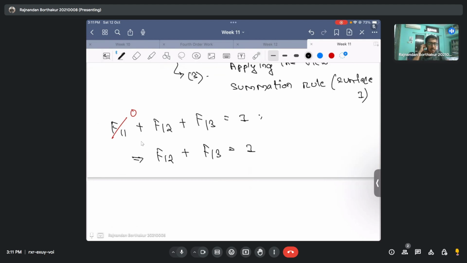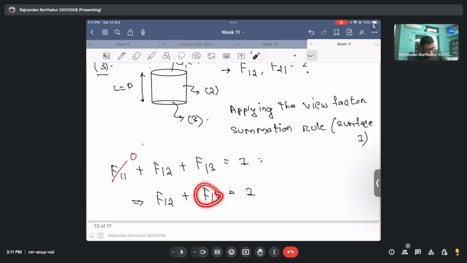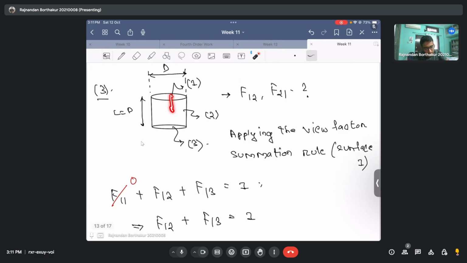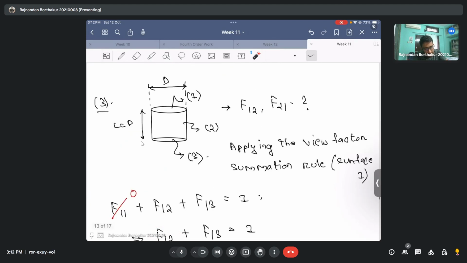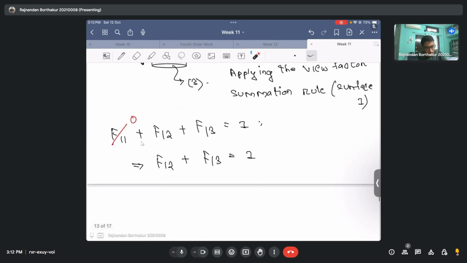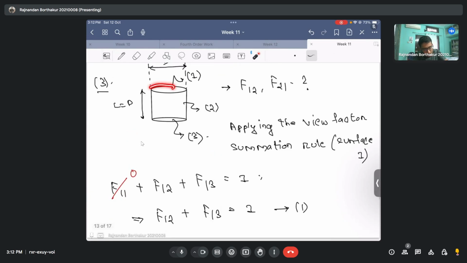But here is a problem: we don't know F13, the fraction of radiation leaving surface 1 that hits surface 3, nor do we know F12, the fraction of radiation leaving surface 1 that hits surface 2. So we will first try to figure out F13, because these two surfaces are coaxial disks, and we have the generic expression for view factors for two coaxial disks separated by a particular distance.